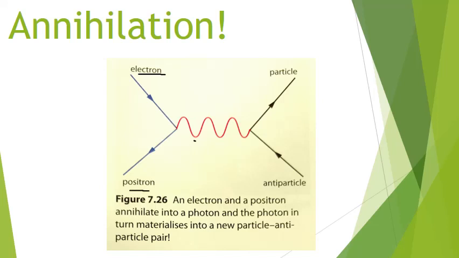That becomes a photon. And then that photon becomes a particle and an antiparticle after that. So afterwards, you have a new particle and an antiparticle that are going out. And so that's an important idea where you can go back and forth from energy to mass, right? Where we looked at earlier in nuclear, where mass and energy are interchangeable.